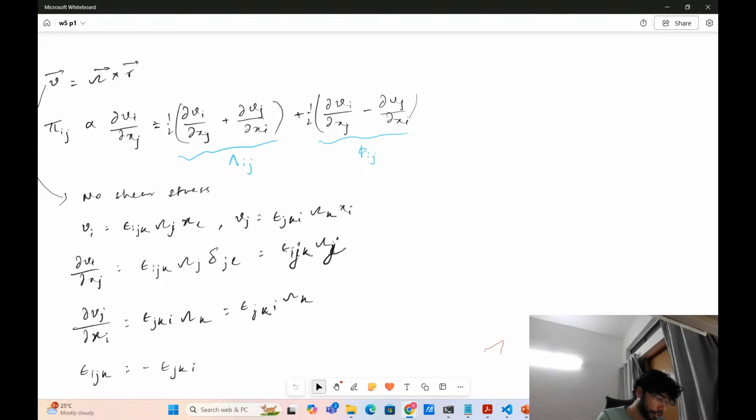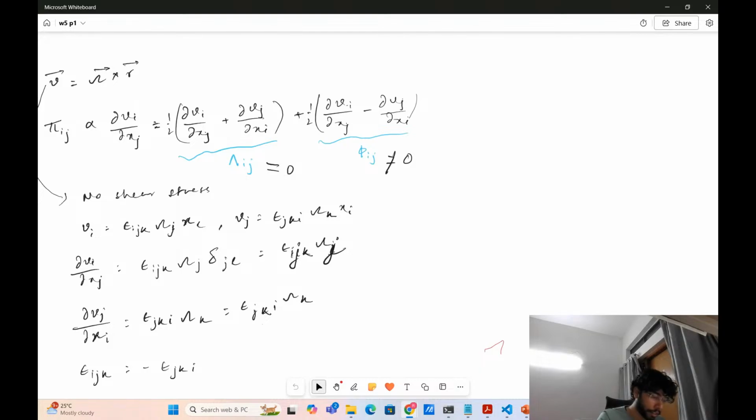So it turns out that these two terms cancel. If you add these two terms, they will cancel. So the conclusion is that this lambda ij is zero for a solid body rotation, whereas phi ij is not zero for a solid body rotation.